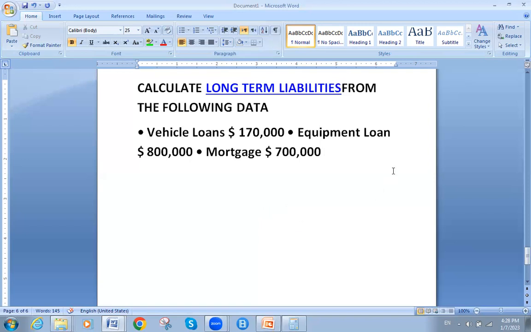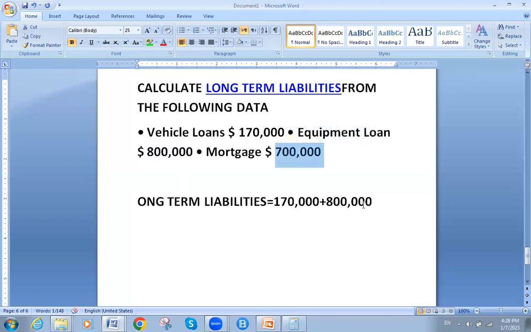It takes some time to do it. That's fine. We can now say that the long-term liabilities will equal, Control C. This is the solution. It will equal vehicle loans, which will be 170,000, plus the 800,000, plus the 700,000.